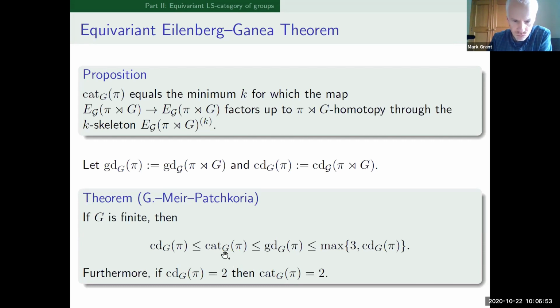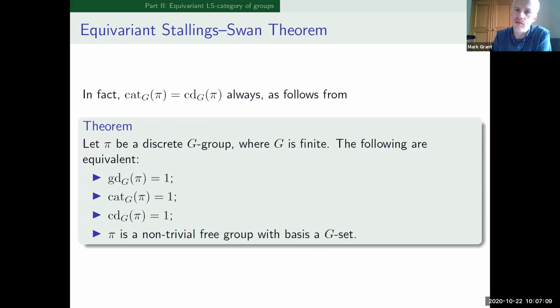So the equivariant category is almost always equal to the cohomological dimension, according to this. We haven't said anything about cohomological dimension 1 yet, but we were able to prove the equivariant version of the Stallings-Swan theorem.